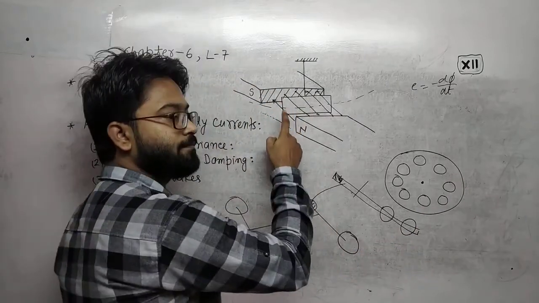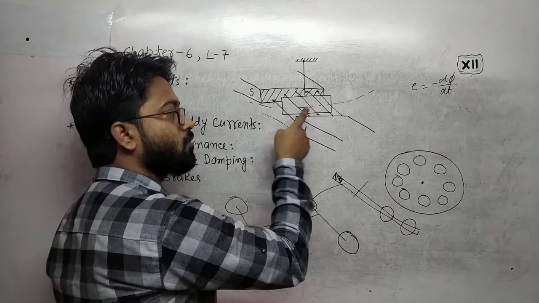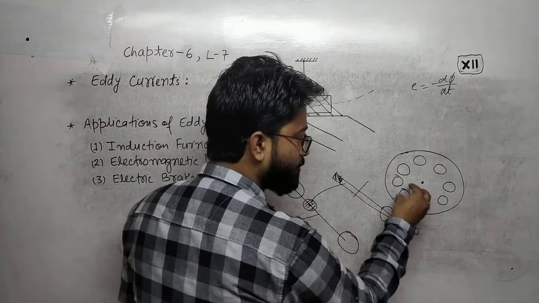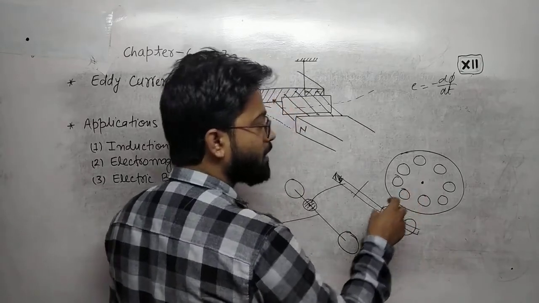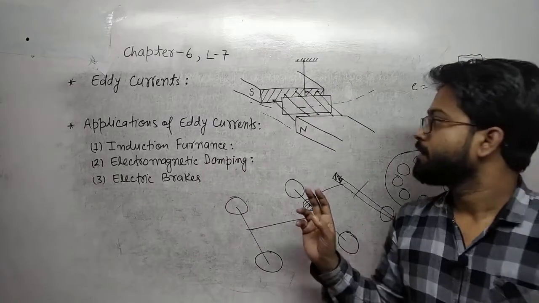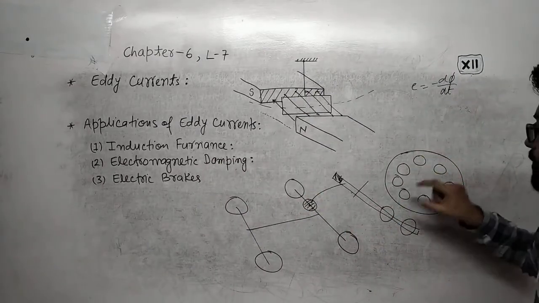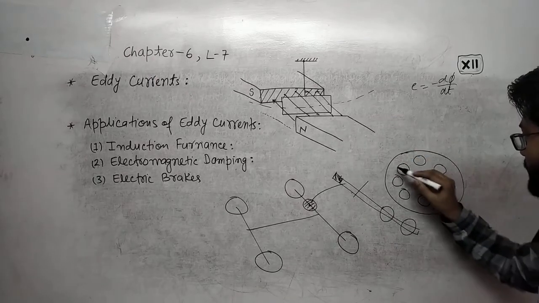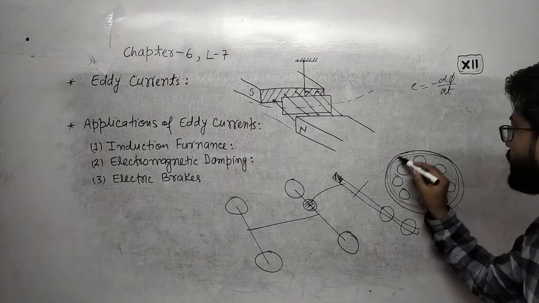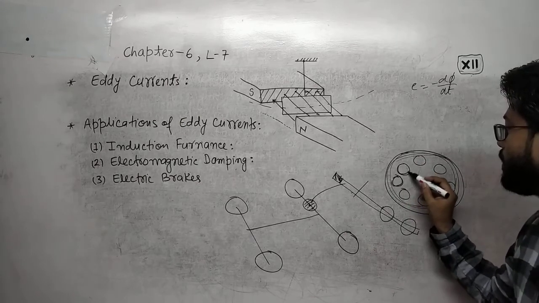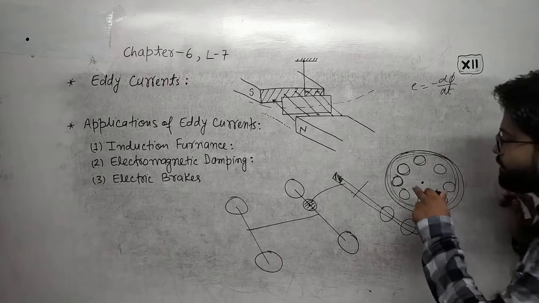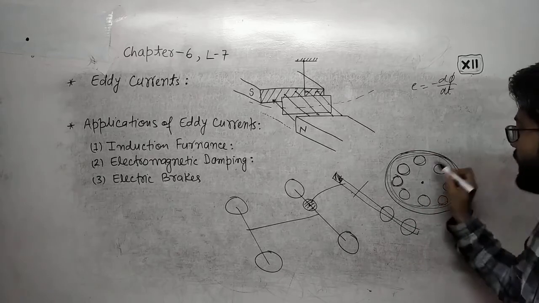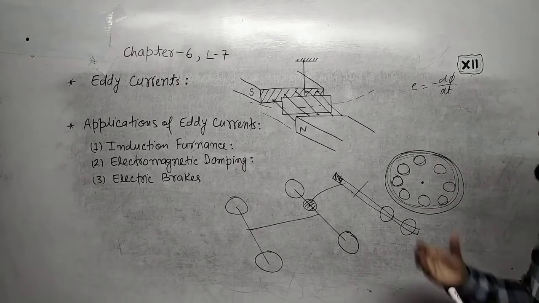Here the magnet is stopped but the disc is moving, so magnetic field lines are passing through this particular disc, and according to Lenz's law, there will be a current, because the magnetic flux is changing, because of the holes. Sometimes the magnetic field lines are increasing and sometimes decreasing. The current will flow like that and like that, which means there will be heat.